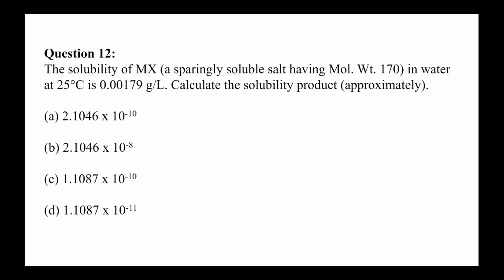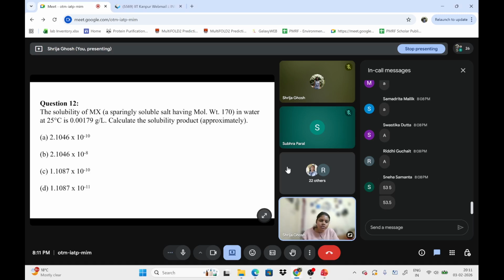So you can use the molecular weight to calculate molarity. Then you will have the solubility. It's an arbitrary, hypothetical salt, MX. So it will dissociate into M plus and X minus ions. So you can write the reaction accordingly and define the solubility product for the salt and calculate it. Solubility is given, you have to calculate the solubility product.